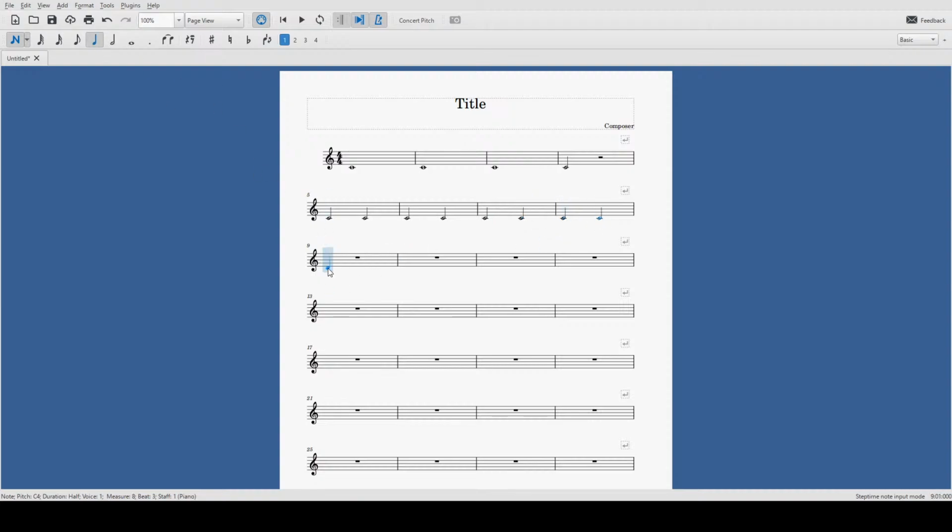And then the quarter. Again, I'm just gonna explain basics before we actually go into writing. 1, 2, 3, 4. And then we have 8 notes.